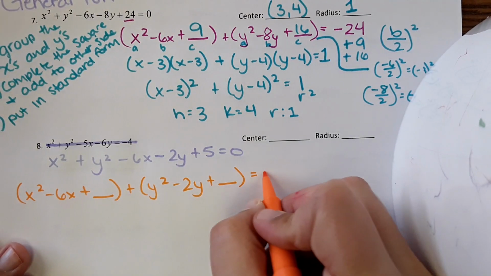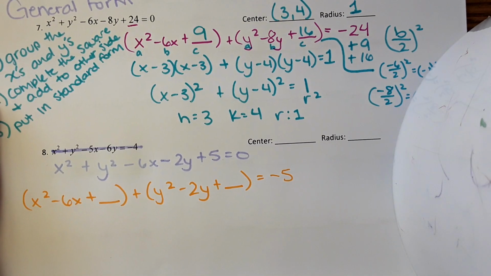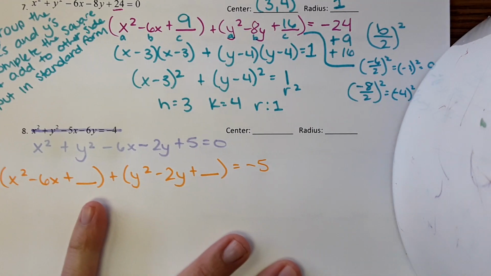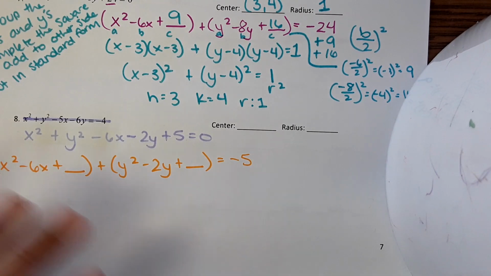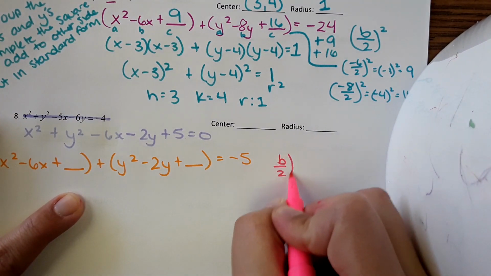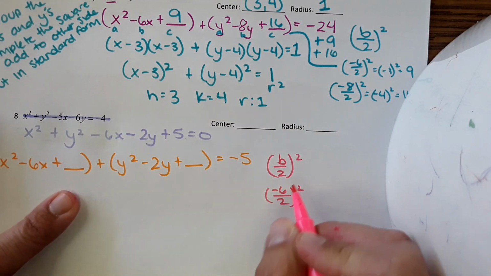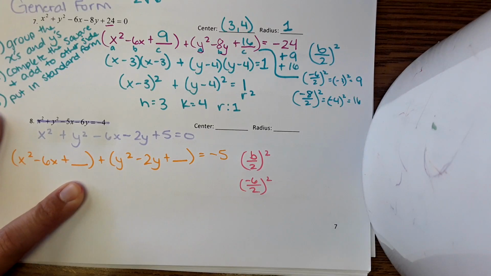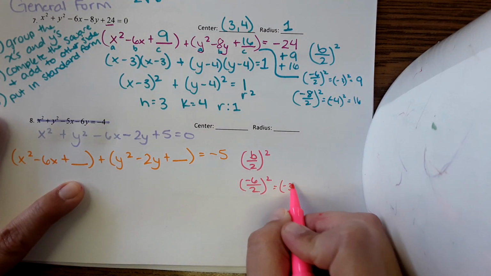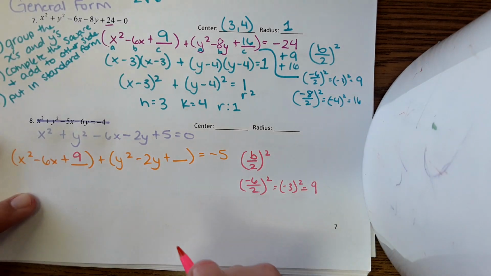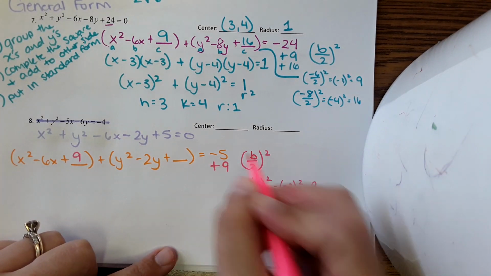And then putting the 5 over on the other side. Okay, then we have to figure out what goes in these spots. Let's see. So the whole b over 2 squared. Negative 6 over 2 squared. Whatever you add to one side, you add to the other.